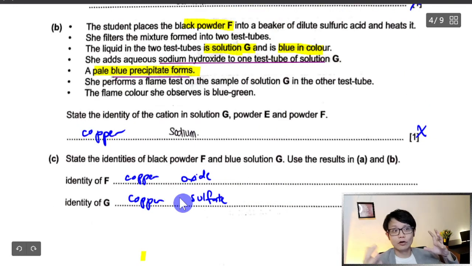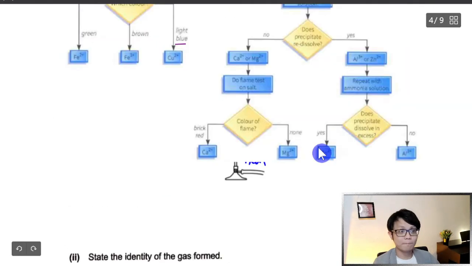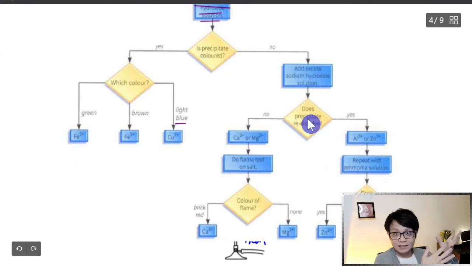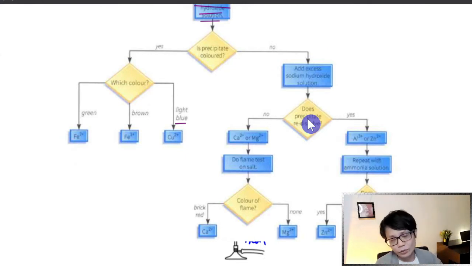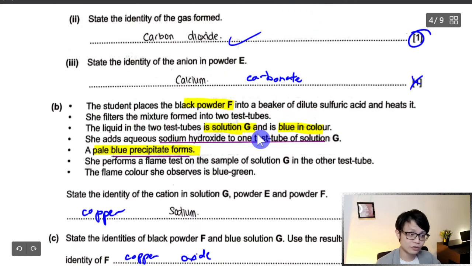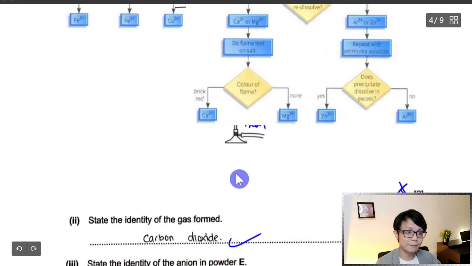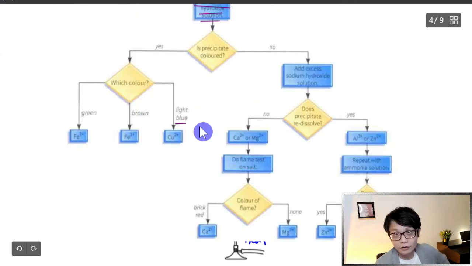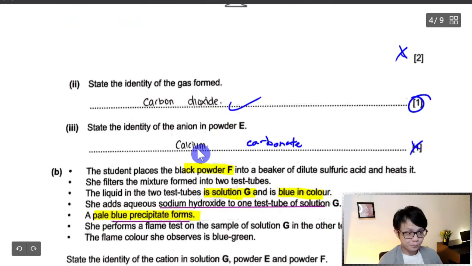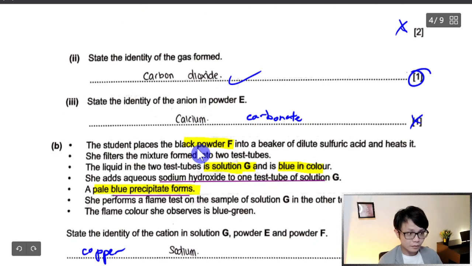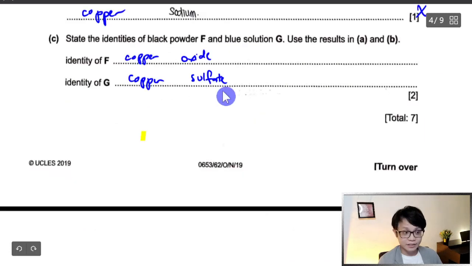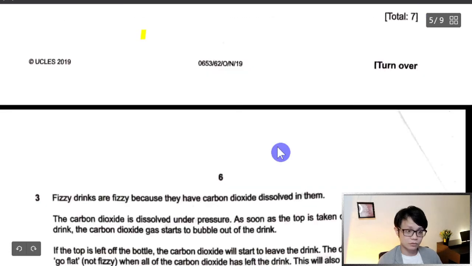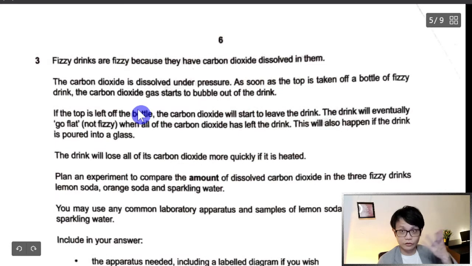You need to know this chapter and also some experiments from other chapters. Then roughly you guess and you should be able to get the answer. This is the proper technical way to do this question, but I just do this based on experience. So it depends on you.